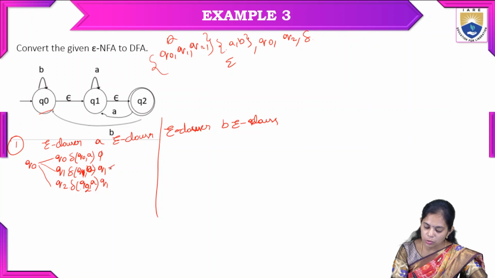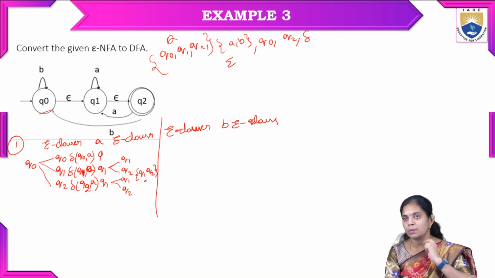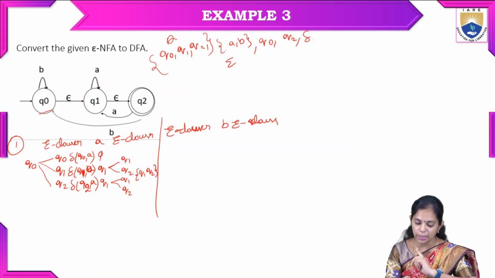So the epsilon closure of Q1 is Q1 and Q2, and here also Q1, Q2. Putting together, we get the result Q1, Q2. The same states are repeated, so I am writing them only one time.